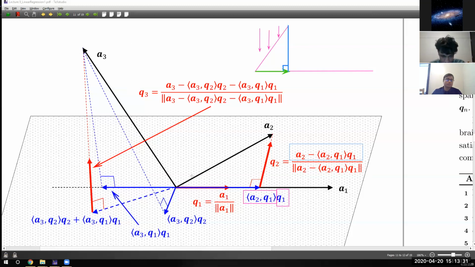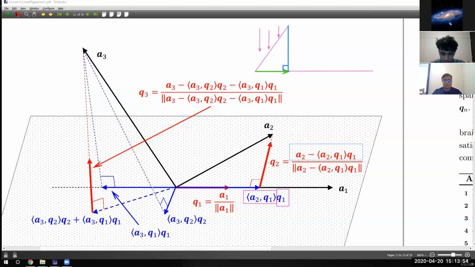That is, first I have this A3, and then I use A3 minus this part. This part is the shadow of A3 onto the Q2 direction. See it?